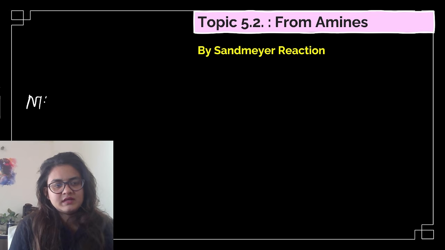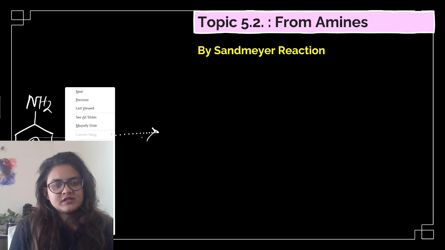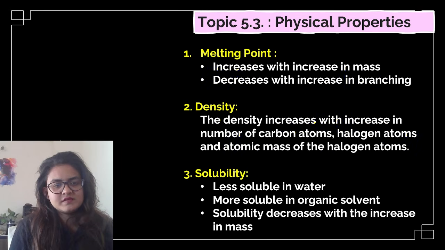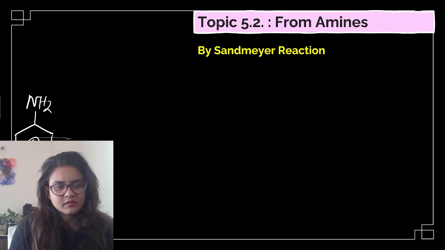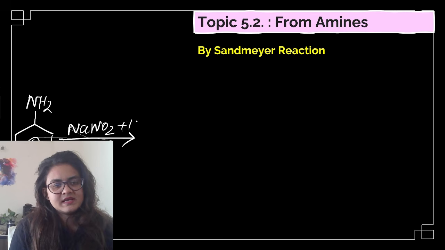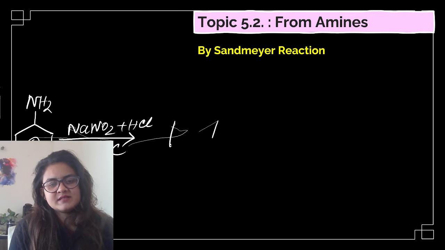So here let's say I'm having aniline, which is treated with a diazotizing reagent, that is NaNO2 plus HCl. Temperature is kept between 0 to 5 degrees Celsius. You will end up with benzene diazonium chloride.